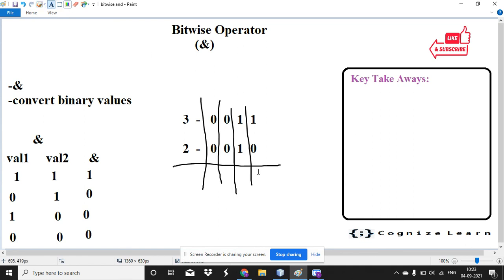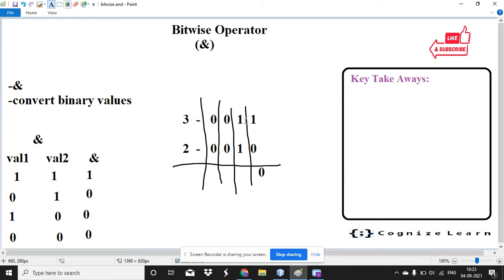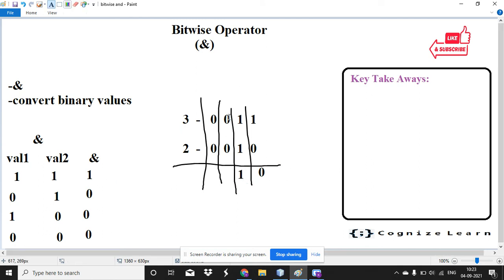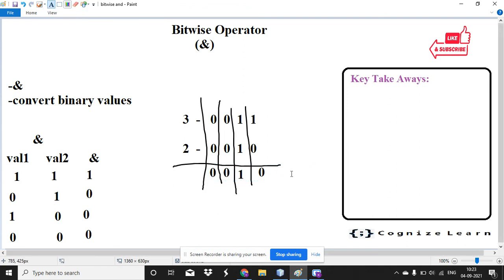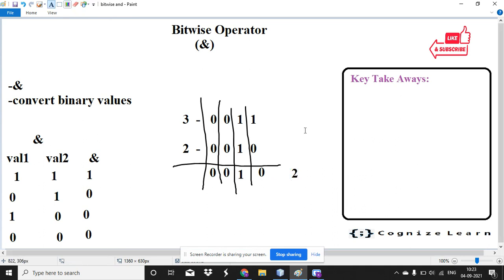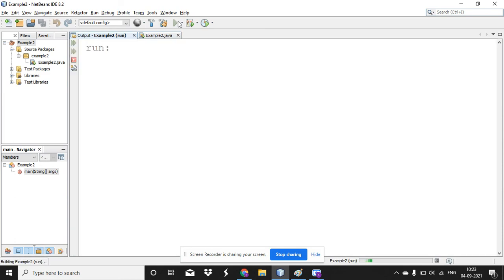Here, 1 and 0, the value is 0. And 1 and 1, look at the first case, the output will be 1. And 0 and 0, the value is 0. And 0 and 0, the value will be 0. So what does this binary value represent? It represents 2. Shall I execute the same thing here? So 3 ampersand 2. If I execute this, the output will be 2.